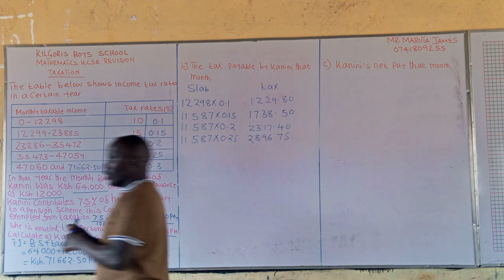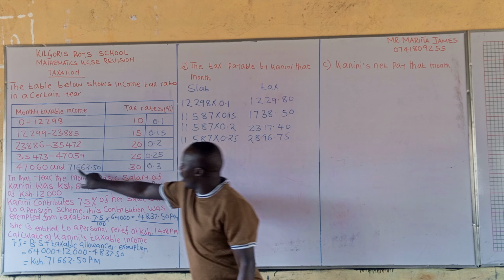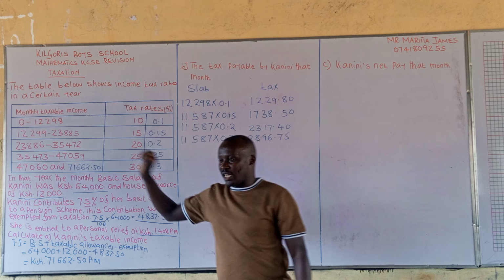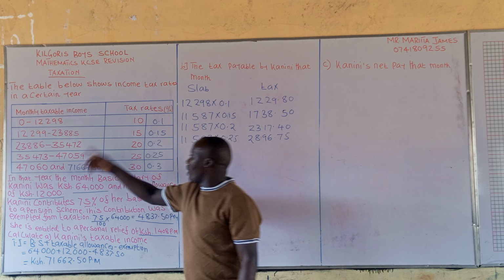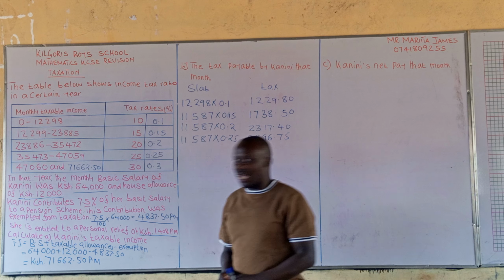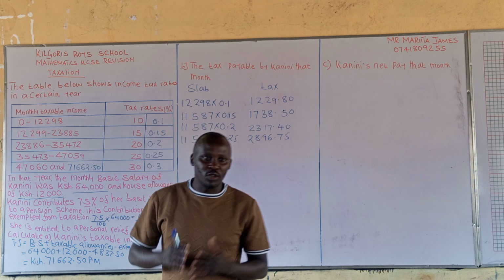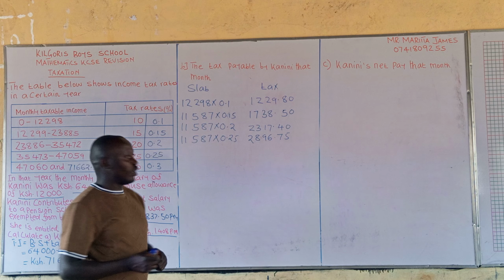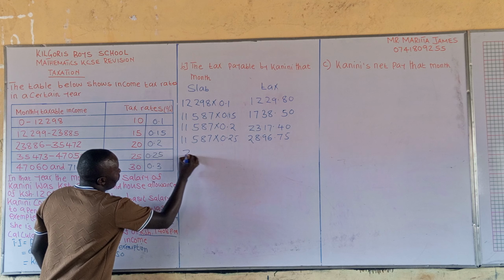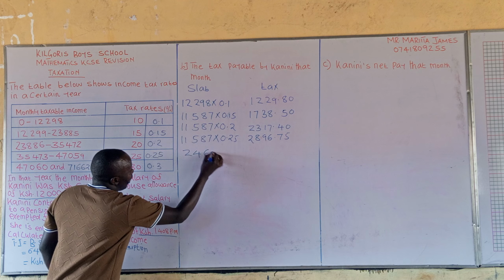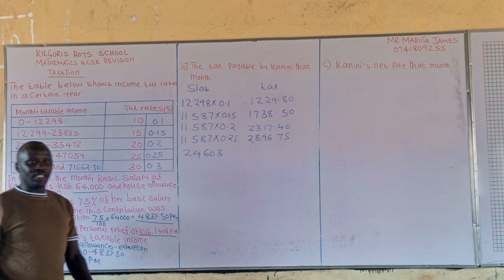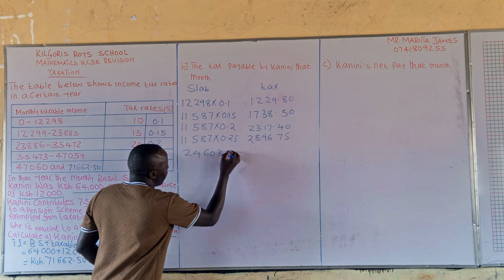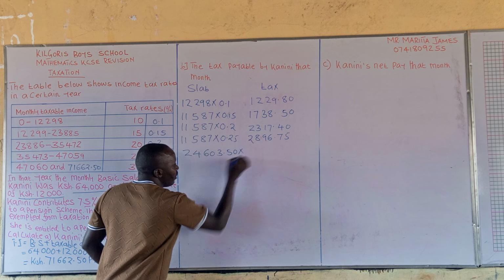So to get the amount being taxed here, you take 71,662 and 50 cents minus 47,059, and that one will give us a value equivalent to 24,606 and 50 cents.